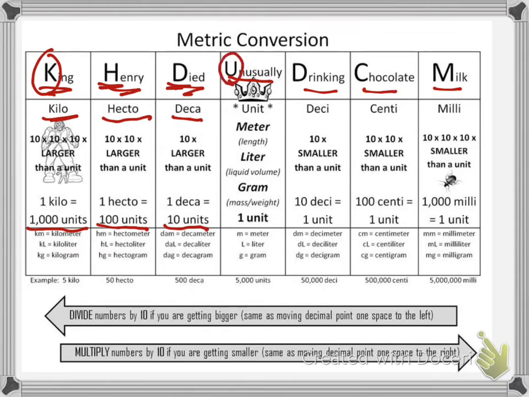Then the U is considered the base unit, and that's always just 1 unit. The D here for the drinking is deci, a tenth of a unit. The C represents centi, and the M stands for milli, very tiny. That's 1,000ths.